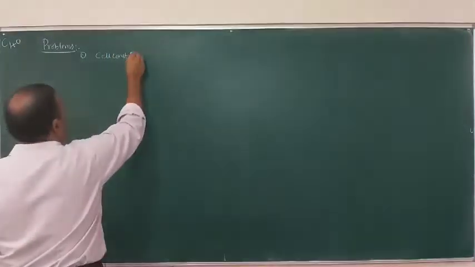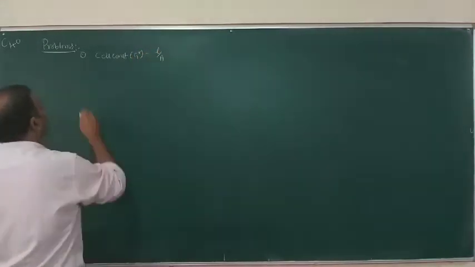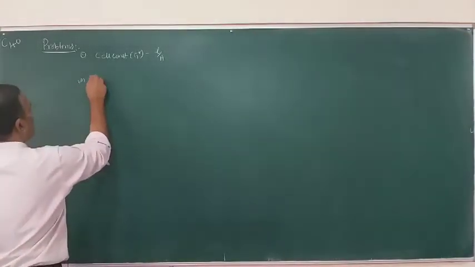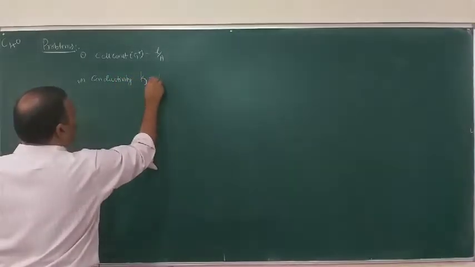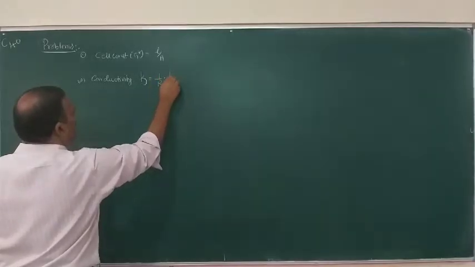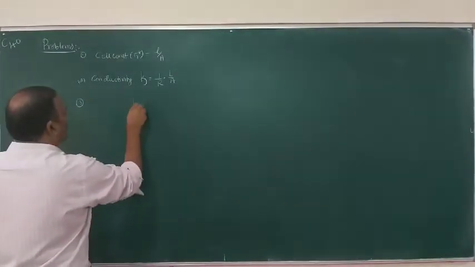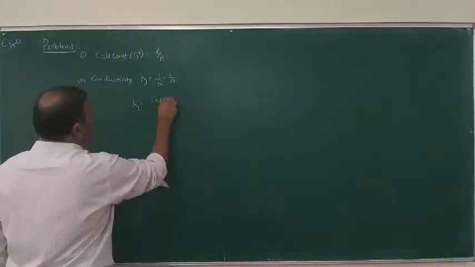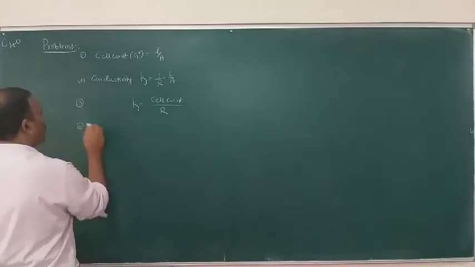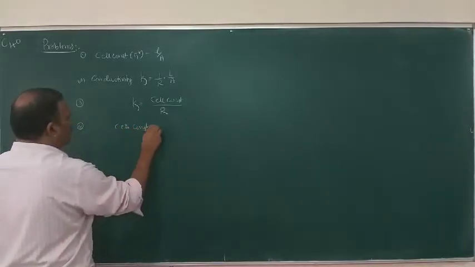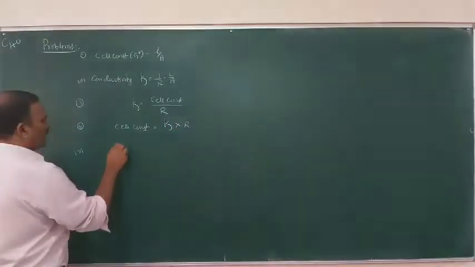Number 1, cell constant G star is equal to L divided by A. Number 2, conductivity kappa is equal to 1 over resistance into L divided by A. Number 3, kappa is equal to cell constant divided by resistance, and number 4, cell constant is equal to kappa into resistance.